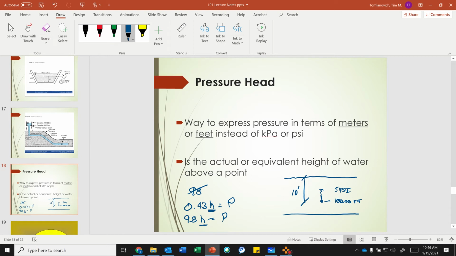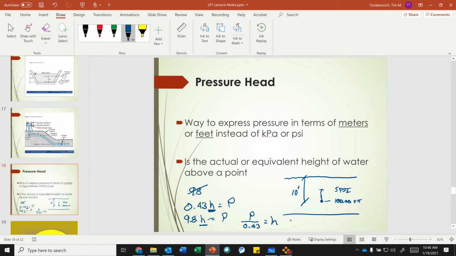This H term is what is pressure head. So if I know pressure, I can rearrange this equation: P divided by 0.43 equals pressure head.